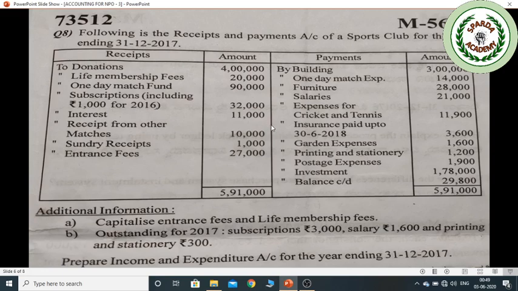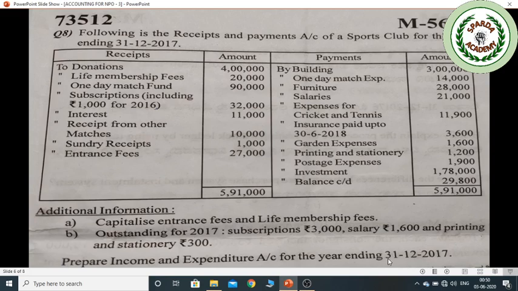You should be able to classify which is revenue item and which is capital item. If you are able to do it, then easily you can prepare the income and expenditure account. They have given some payments also, and two adjustments have been given. Prepare income and expenditure account for the year ending 31st December 2017.